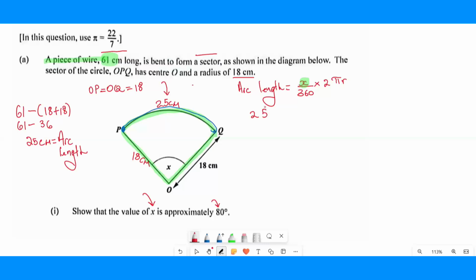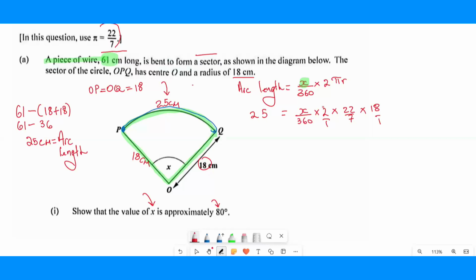So this is 25 for the arc length right here. And this is going to equal x over 360 times 2 times pi. We were told to use 22 over 7 times r, which is 18. So let me put these over 1. So quickly, we could just work out one single number on the right side. So 2 times 22 times 18.